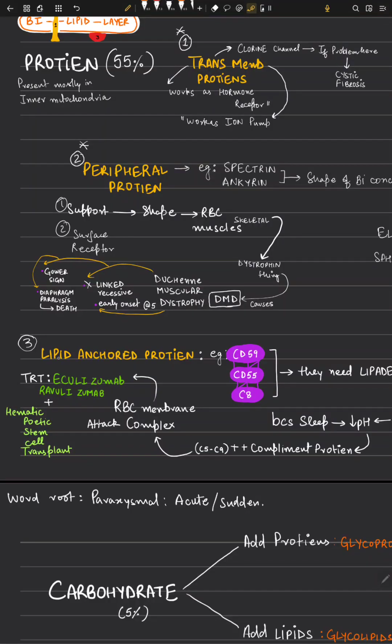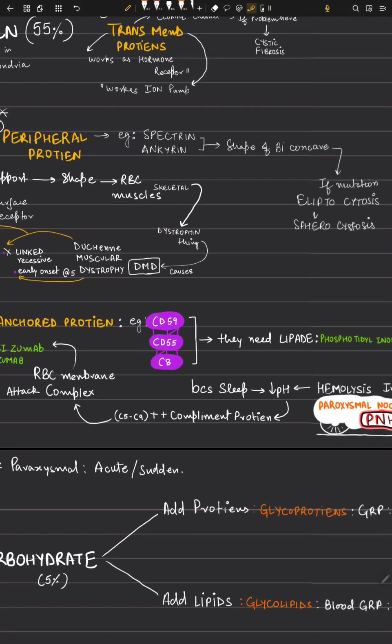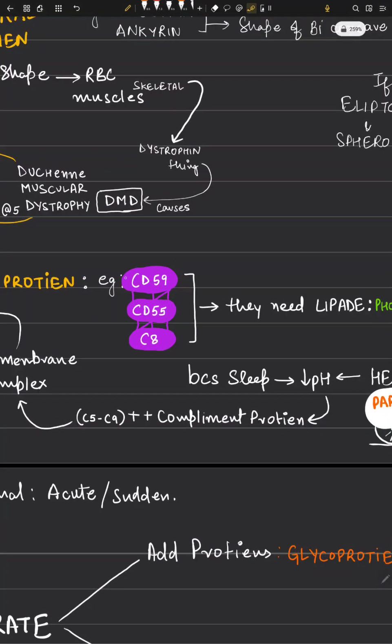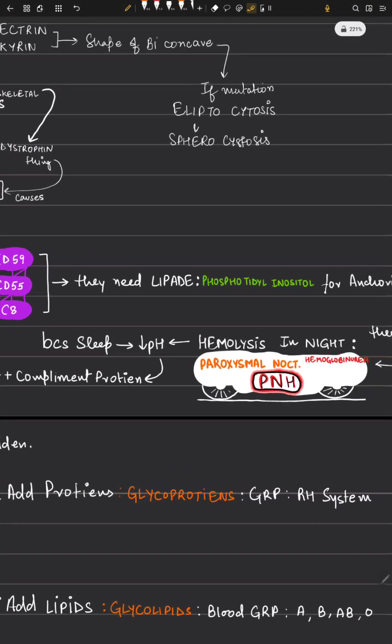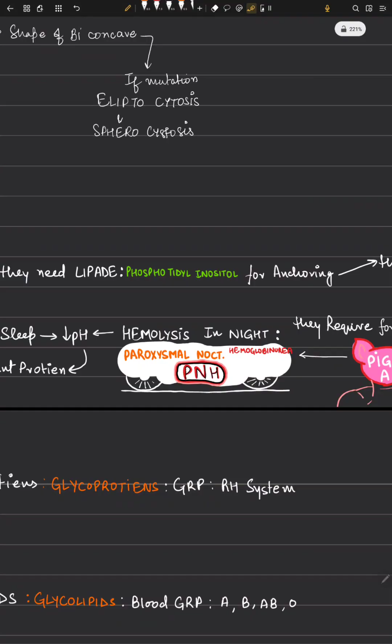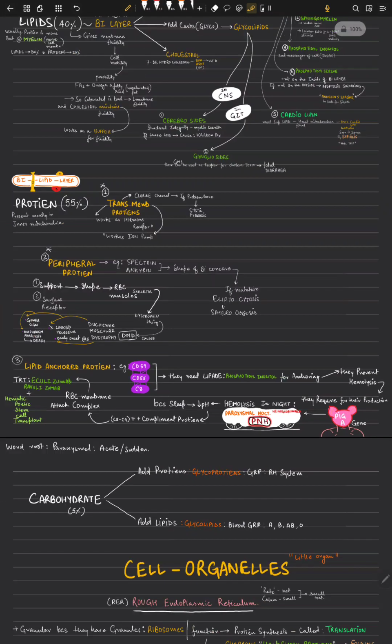Let's talk about the third protein, that is lipid anchored protein, the proteins that are inside. Let's talk about examples first. CD59, CD55, and C8. They need lipid. It means they need someone to anchor on. So they need lipids called phosphatidylinositol.